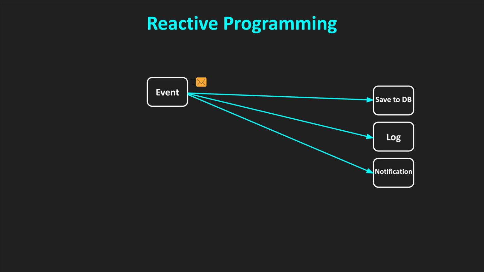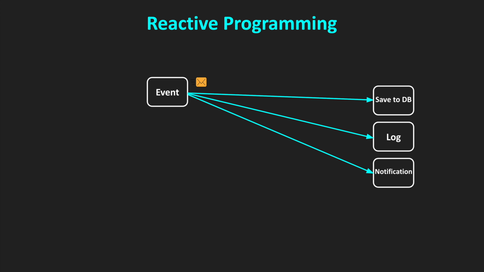That event needs to be saved to the database, logged, and we need to send a notification about that event. So three different processes should happen asynchronously. We are sending an event, and that event should be asynchronously processed by these three systems.